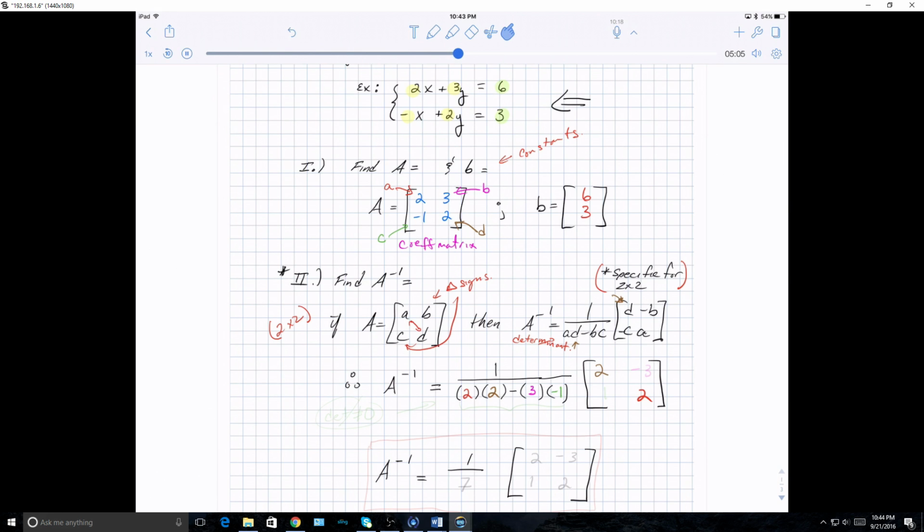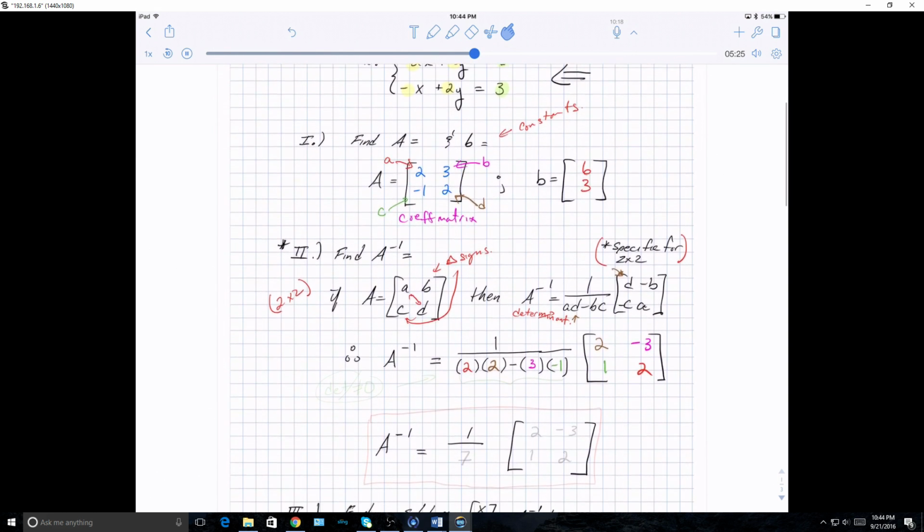And now all we have to do with B and C is change the signs. So B was 3, and it was hot pink, so now it becomes a -3. And C was a -1, and it's green, so now it becomes a +1.